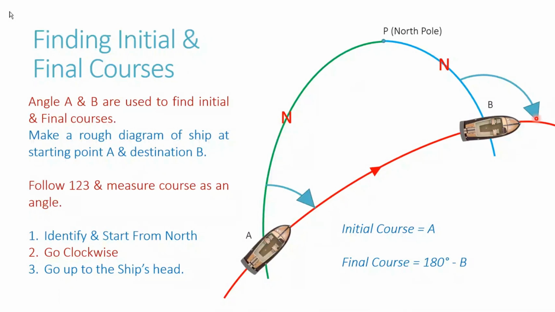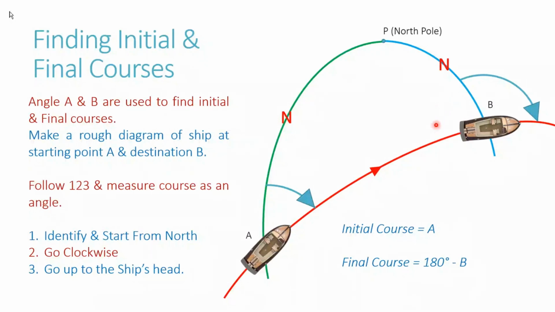So at any point of a line, if you measure the angle, it will be 180 degrees. Now this stands true in case of a great circle track also. So if you are at point B and you measure the angle from direction of A up to the direction in which the ship is heading, this total angle will be 180 degrees.